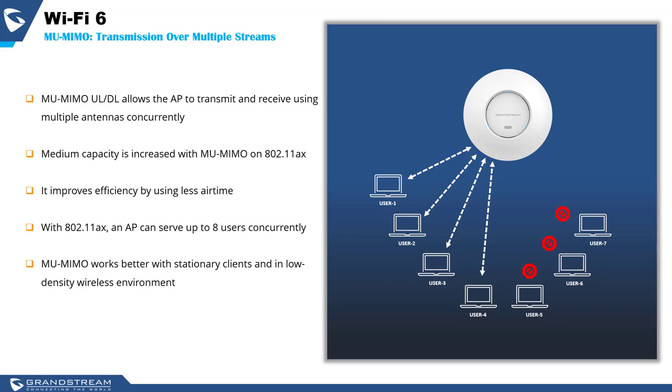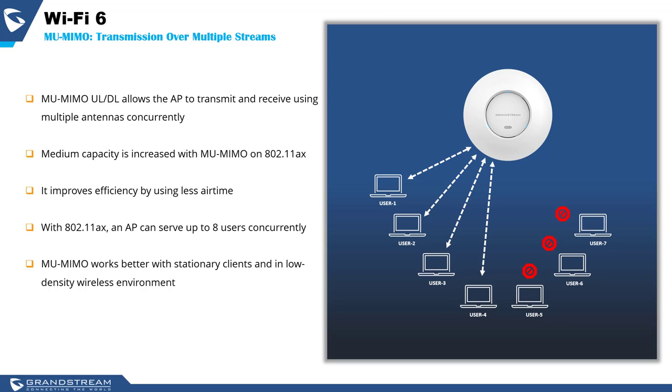For example, we have the GWN 7664 in this image, and it has 4 antennas and 4 spatial streams, which makes it able to use multi-user MIMO technology to simultaneously communicate with up to 4 wireless clients.